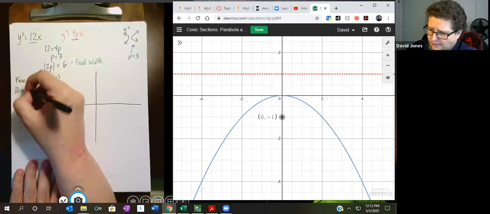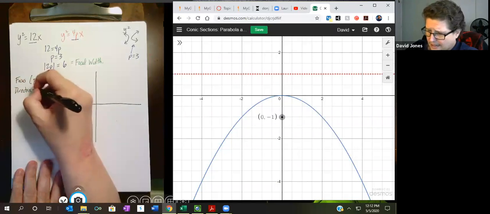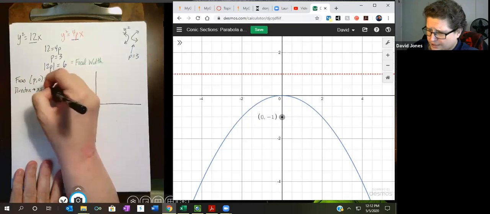Directrix is x equals negative p, which is negative 3.